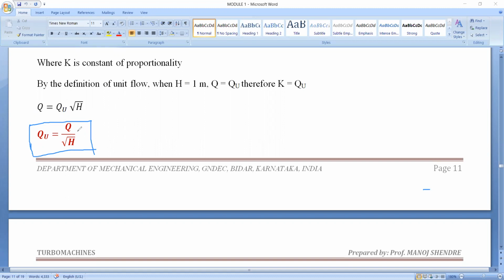As far as units are concerned, q is in meter cube per second, and h is in meters. This is how we can obtain the formula for unit flow.